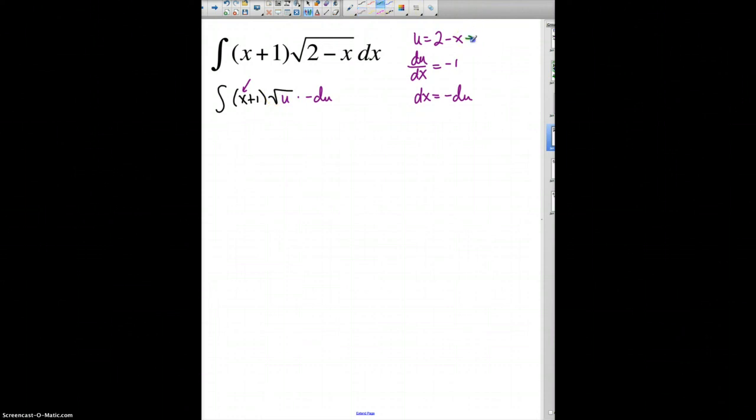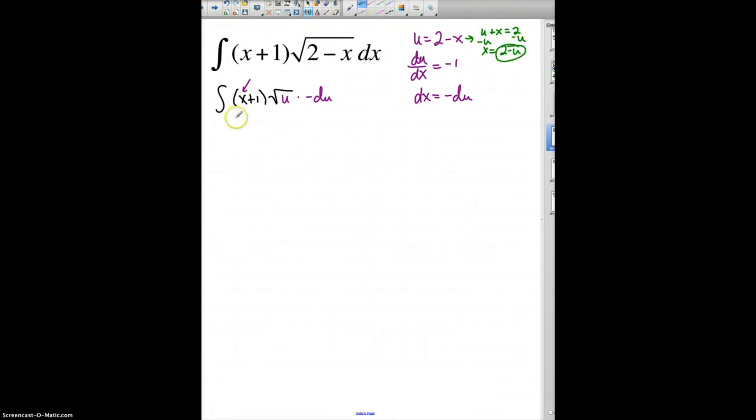Solve u for x. So what I would do is add x to both sides and subtract u. So then you get x equals 2 minus u. So if you get to this step and you've substituted everything in, and you still have an x, you must go back to u, solve it for x, and then substitute that in.